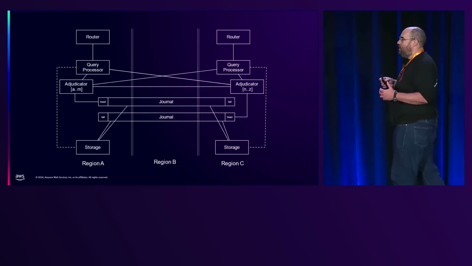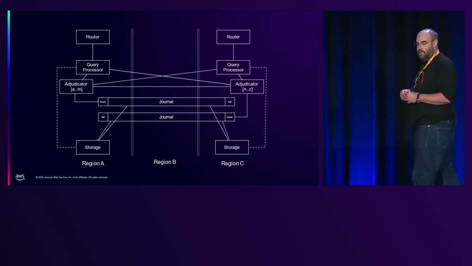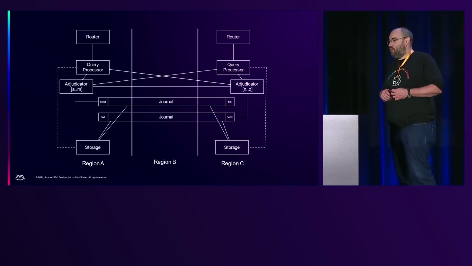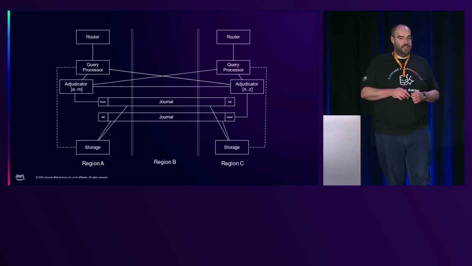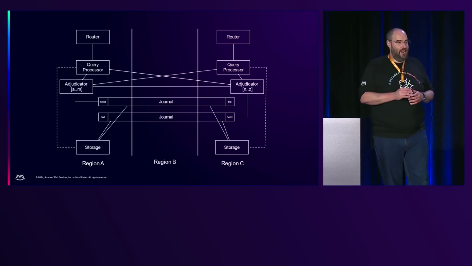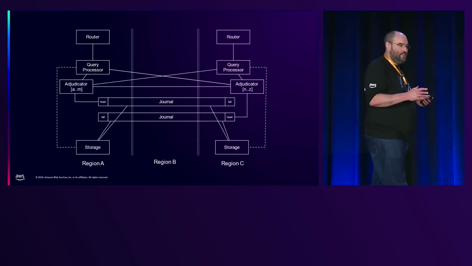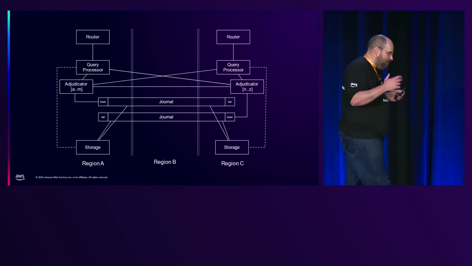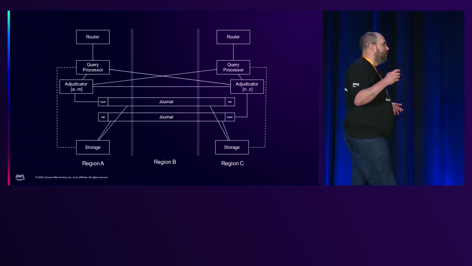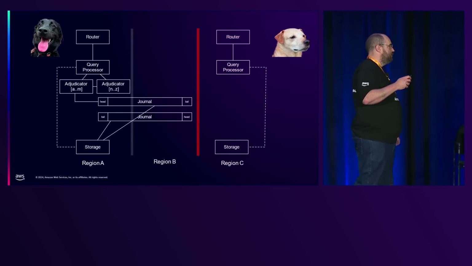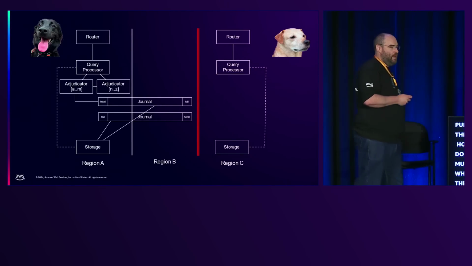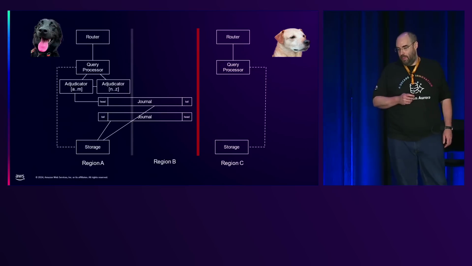So what happens when there is a region isolated, right? Somebody drags their anchor and pulls up one of those cables under the sea and isolates a region. Hopefully that doesn't happen. We do have a very redundant multi-region architecture, but the whole reason we're here is because these things do happen. So what happens? Well, the journal stops replicating into that third region.